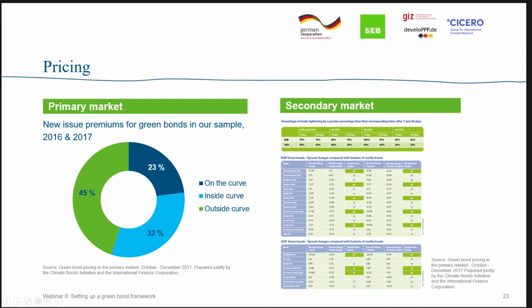A new issue premium is a standard feature in the bond market, and an issuer bears this cost to attract new investment. Occasionally, a bond may be issued at a higher price and a lower yield than the existing debt, and the bond will sit inside its own yield curve. This is known as a new issue concession, or, when present in green bonds, a greenium.